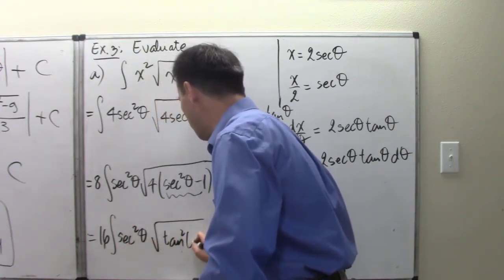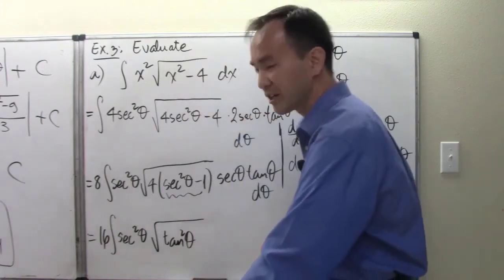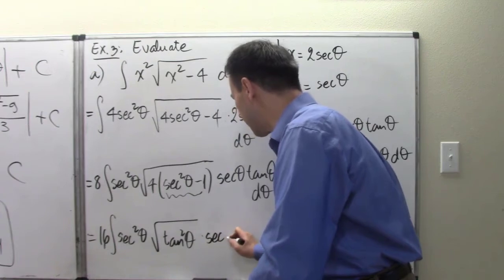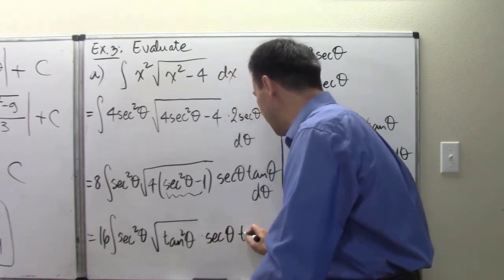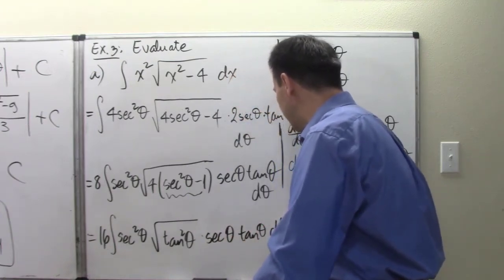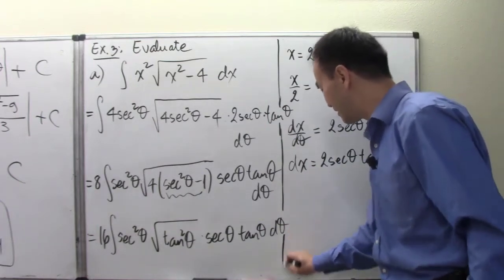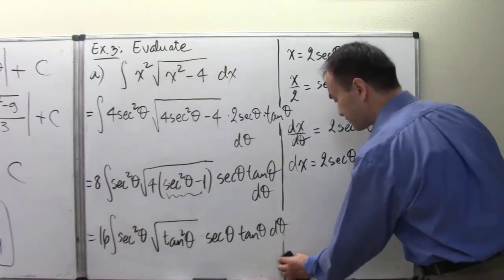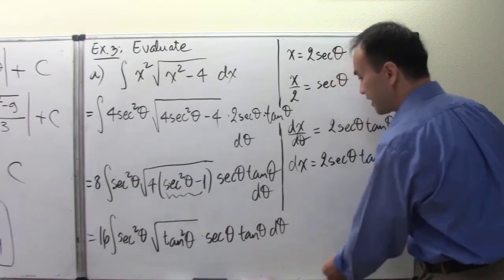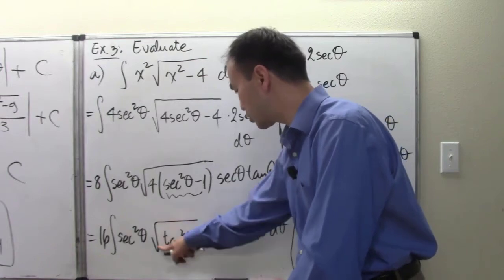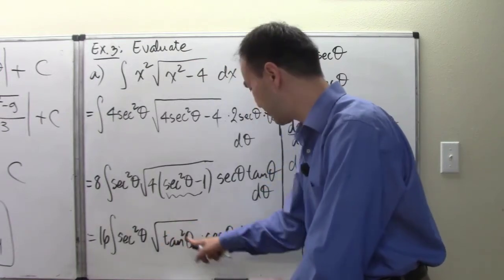So my expression keeps getting shorter and further simplified. So here's the secant of theta times tangent of theta times the d theta. Okay, so now I'm fitting enough space in my problem, in my board here. And so now in my next step, I can take the square root of that tangent square here, giving it a tangent.